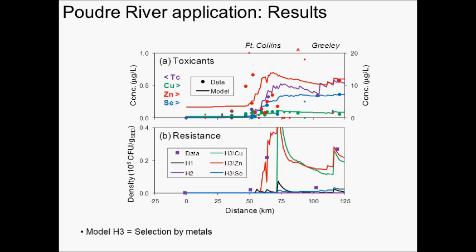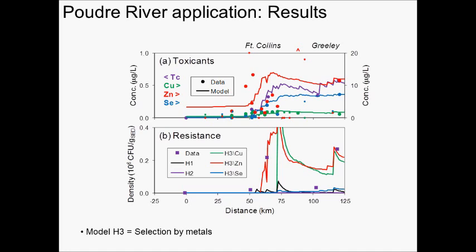The selenium, we see some resistance, but not at the level of what we observe. Now, there is some calibration involved here, but the point is that we can calibrate the model to match the data within the observed or literature range of the parameters. We were not able to do that for scenarios H1 and H2.